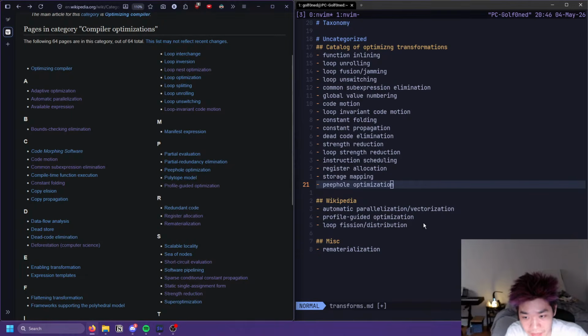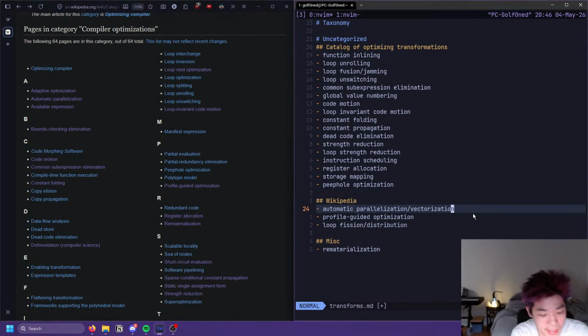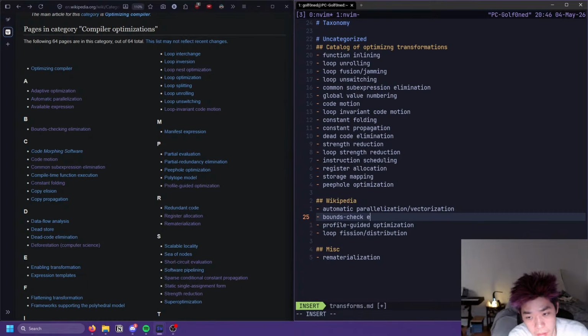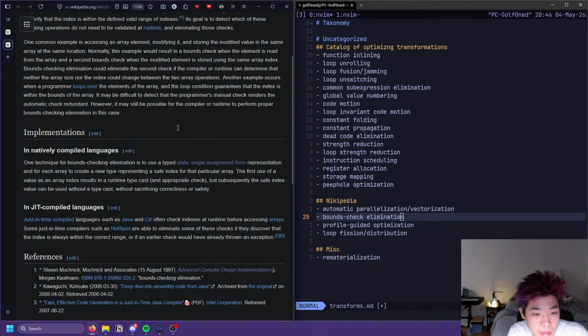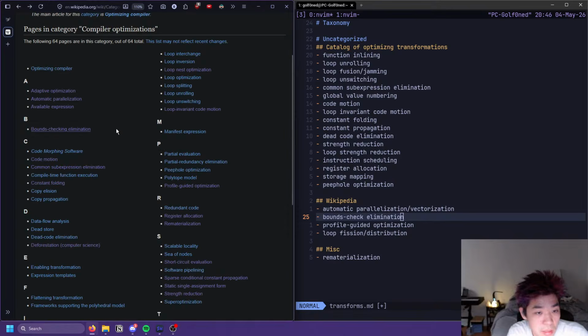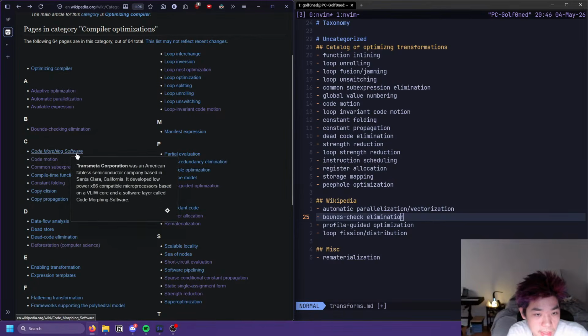Okay, bounds check elimination. That is interesting to me. I think that's pretty obvious in some capacity. What is this?